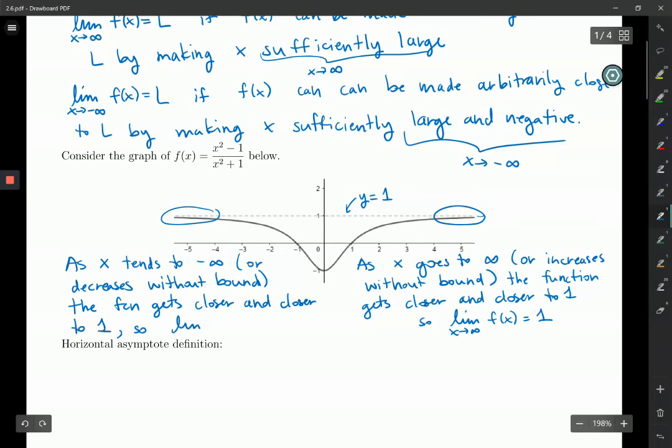So that means that we can write the limit as x goes to minus infinity of f of x is equal to 1. Okay?